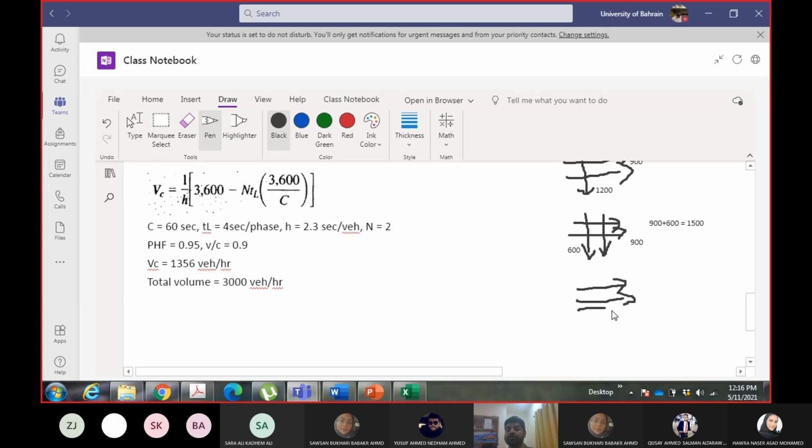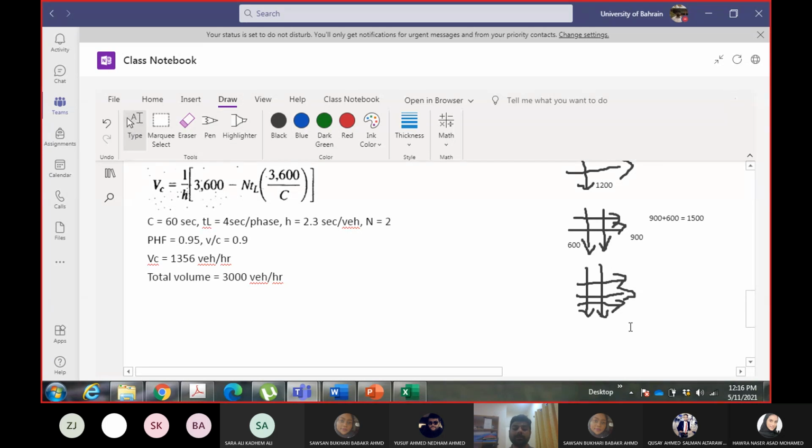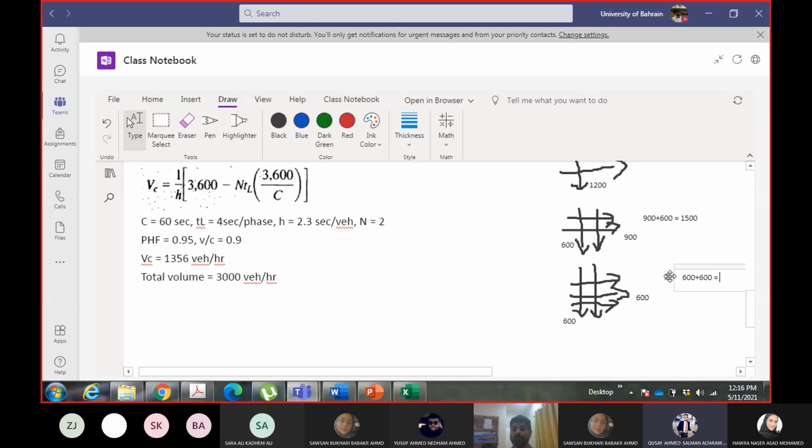So 1800 divided by 3, and this direction I will keep the same 2 lanes. So this direction is 600 per lane, and this direction is also now 600 per lane. 1800 divided by 3, right? Total will be 600 plus 600, 1200.